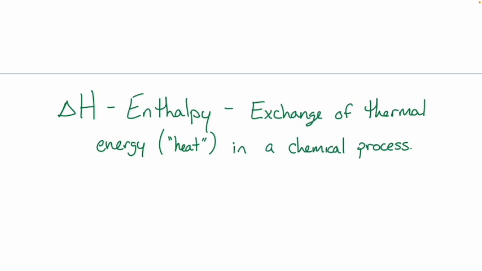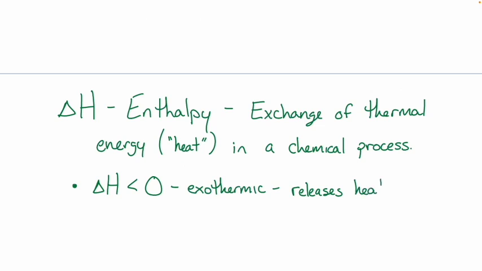All right, and we've got some fancy terminology. When delta H is a negative value, is less than 0, this is what we call an exothermic reaction. All right, this exothermic reaction, a negative delta H, is a reaction that releases heat.